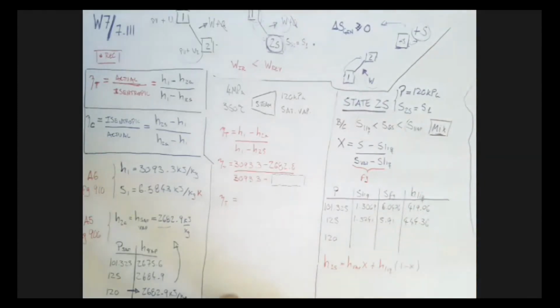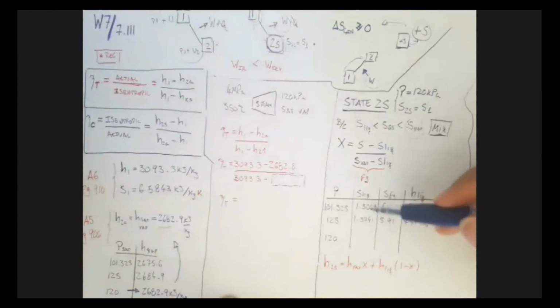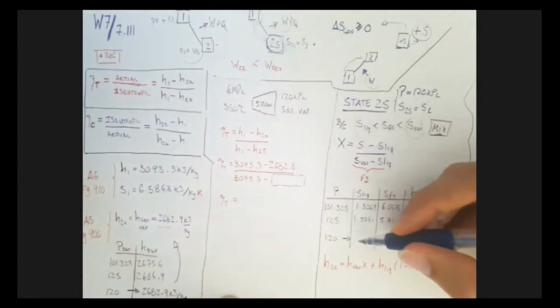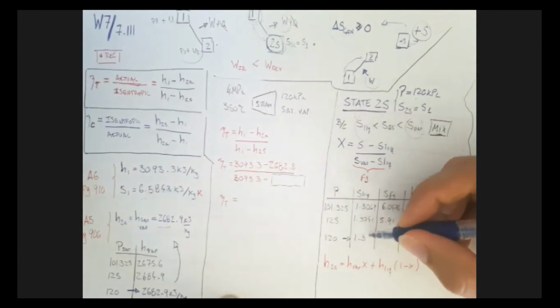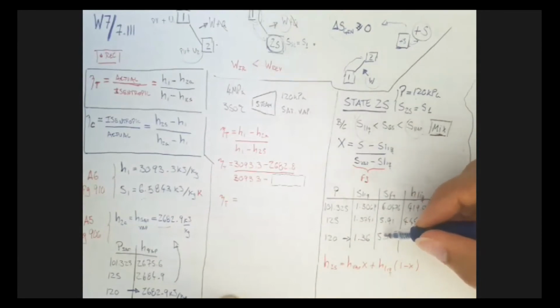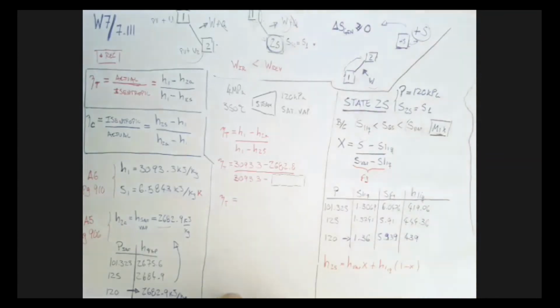Okay, I'm going to interpolate these guys using these values for 120, and I got 1.36, 5.939, and 439. Okay, those are the values that I got.